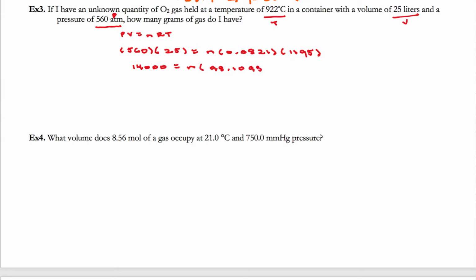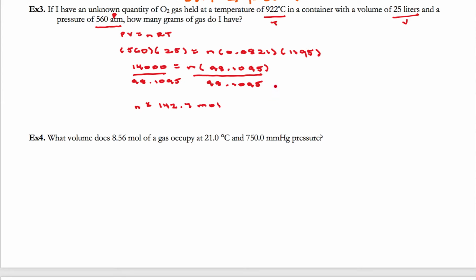Okay, and then I'm going to divide both sides by the 98. And what I get is 142.7. So my number of moles is 142.7. And I'm going to round here, but I'm going to keep the unrounded value in my calculator.